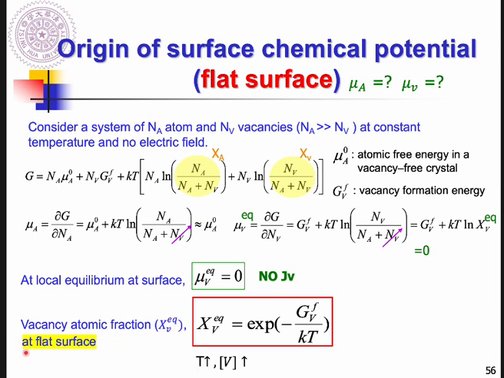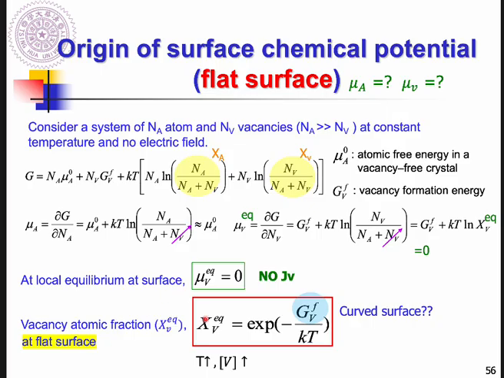But all this is at the flat surface. The vacancy formation Gibbs free energy on the flat surface. Do you think this will be the same as at a curved surface? Do you think they are the same?